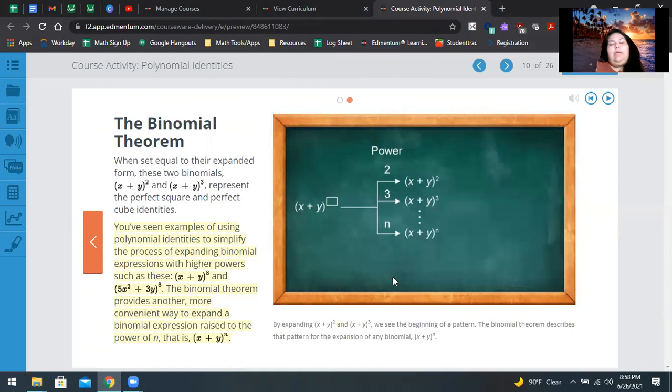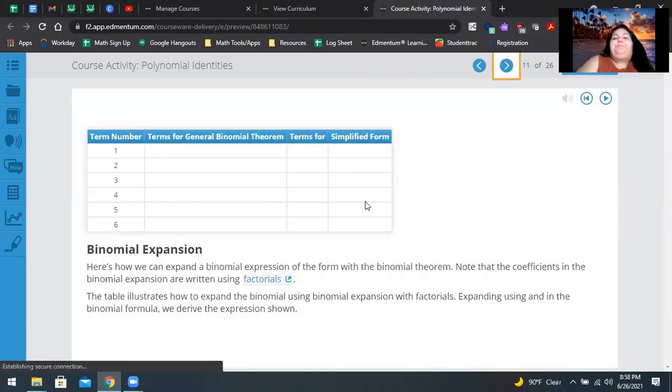Like I said, we can easily do the 2nd power and the 3rd power, and we can still do 4. But in case we encounter 6, 8, 10, 12, anything higher, we're going to use the binomial theorem to help us out here.